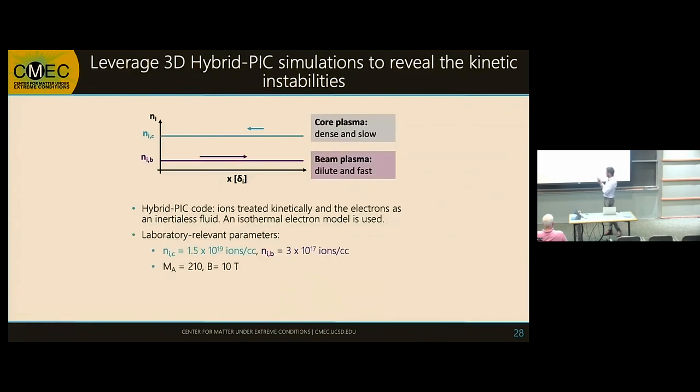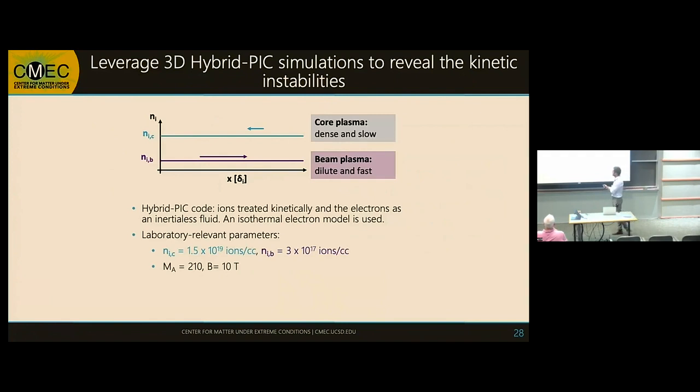So to understand what was the origin of the later filaments, we ran some hybrid PIC simulations. The model of our simulations is very simple. We've got two plasma slabs counterpropagating with uniform parameters. We take the parameters relevant for our experiments.